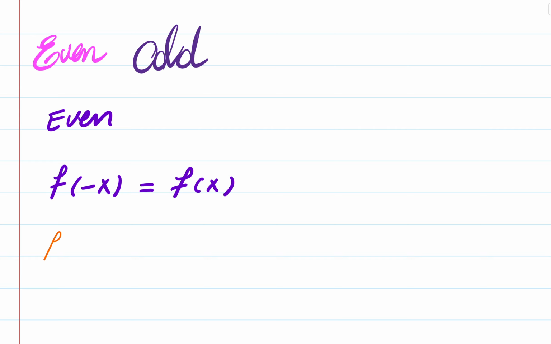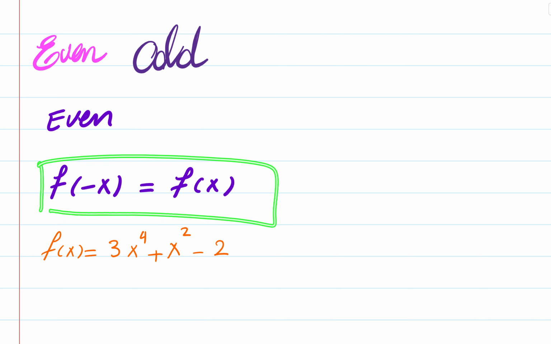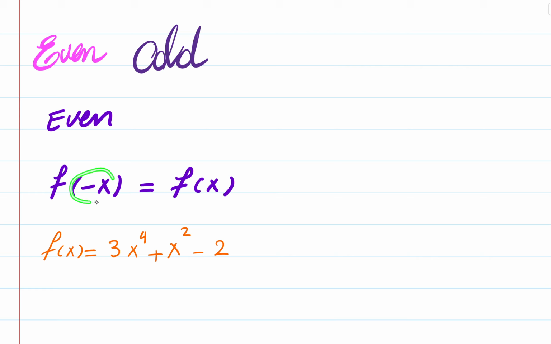When I have a function like f of x, for example, 3x to the power 4 plus x squared minus 2, to check if this function is even or odd, just based on the definition of an even function, I need to replace x by negative x and see if the answer is exactly f of x.